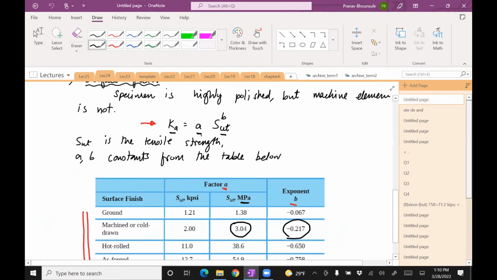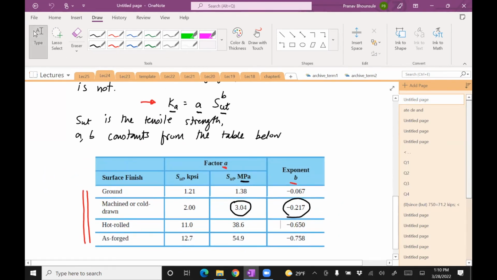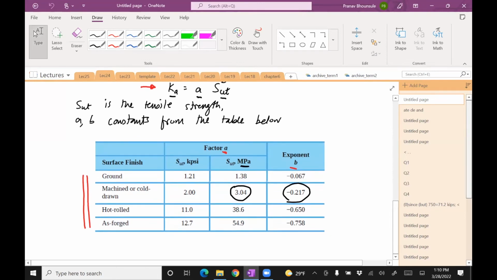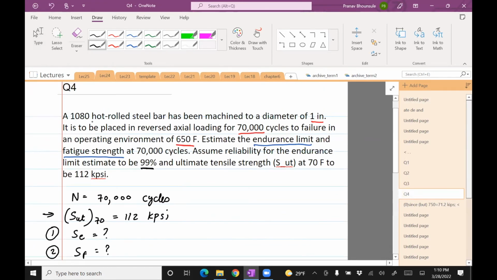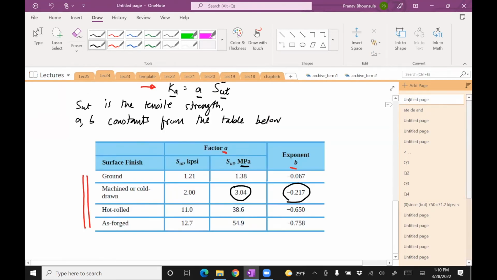Ka is A times SUT raised to B, where SUT is given to us, and we need to figure out A and B based on the surface finish. So let's check the surface finish. It's a hot rolled steel bar. So we go back to this and check for hot rolled.